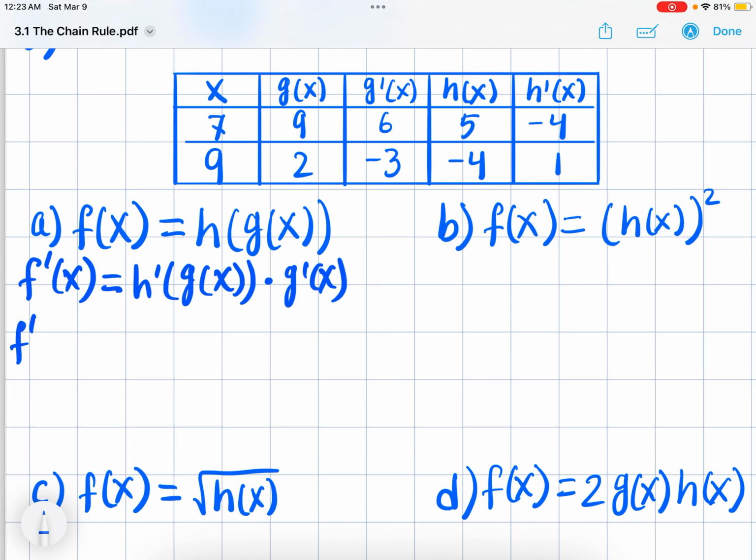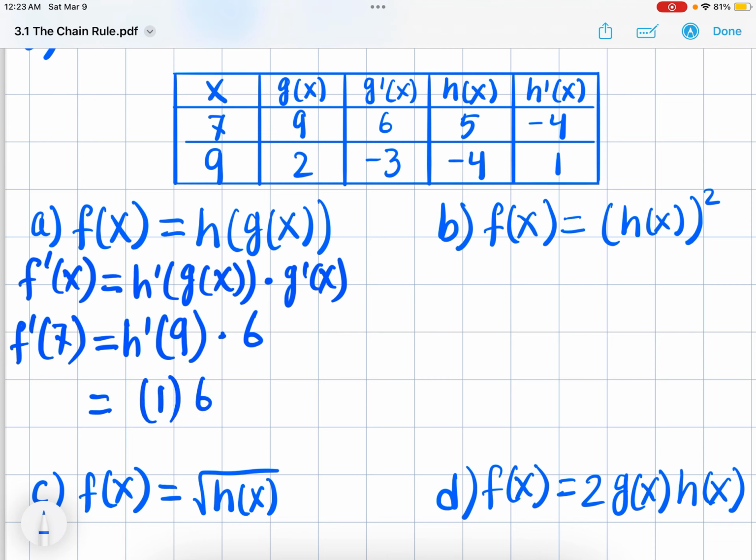We're looking for f prime at 7, which is equal to h prime. Let's look at g of x at 7. Here's 7, here's g of x, which gives us 9 times g prime at 7, which gives us 6. Now look for h prime at 9. h prime 9 is 1. It's going to give us 6.